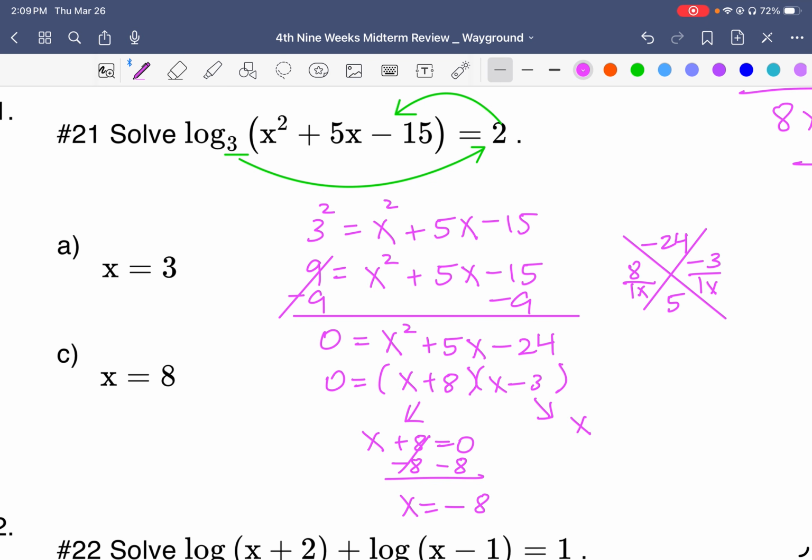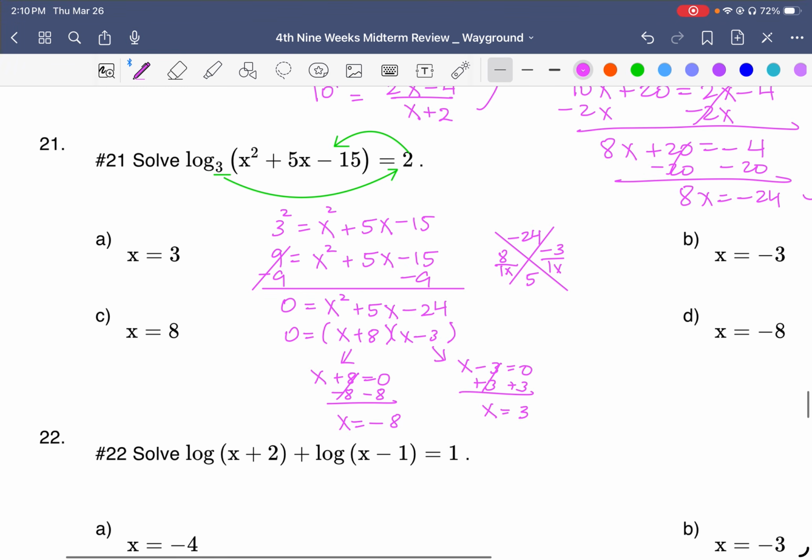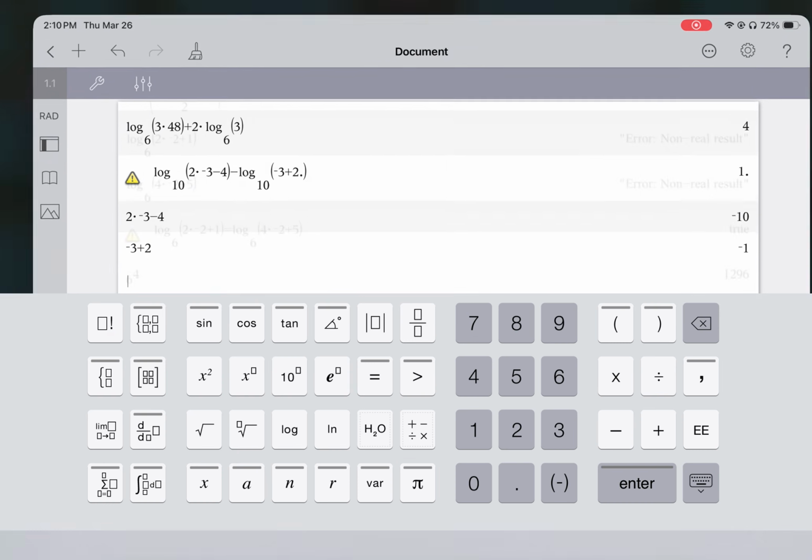And from this side, when you set it equal to 0 and you add 3, you get that x equals positive 3. Now, there is the option that they are both solutions, or only one of them is a solution, or neither of them are solutions. And to figure that out, you're going to plug it back in and see.